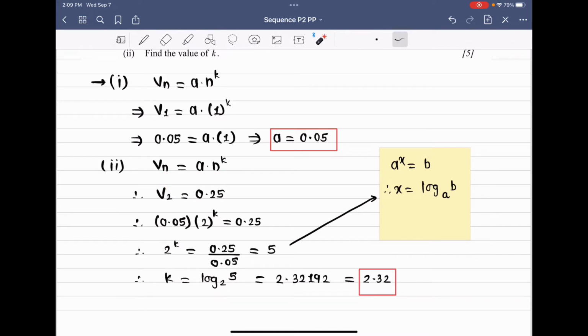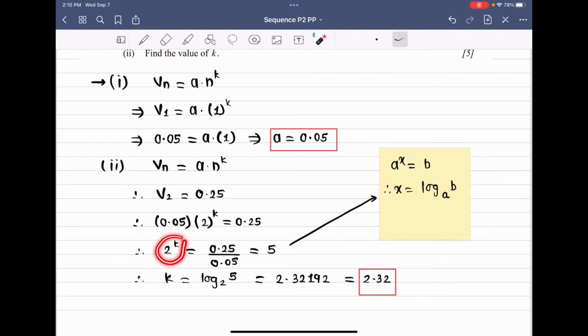We already found a is 0.05, so 0.05 times 2 raised to k is equal to 0.25. To isolate 2 raised to k, I'm dividing both sides by 0.05. The 0.05 cancels, so 2 raised to k is equal to 0.25 divided by 0.05, which is basically 5.